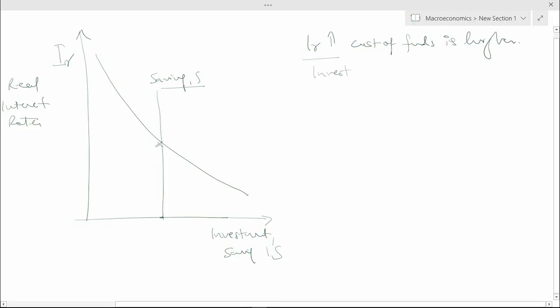When IR is higher, the cost of funds is high, so it's not very profitable to invest in a lot of projects.